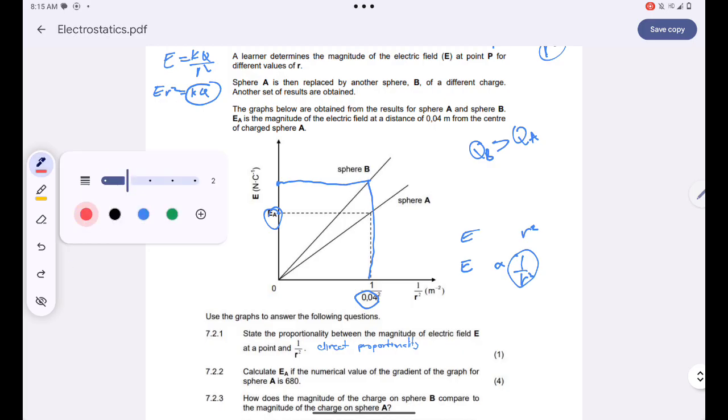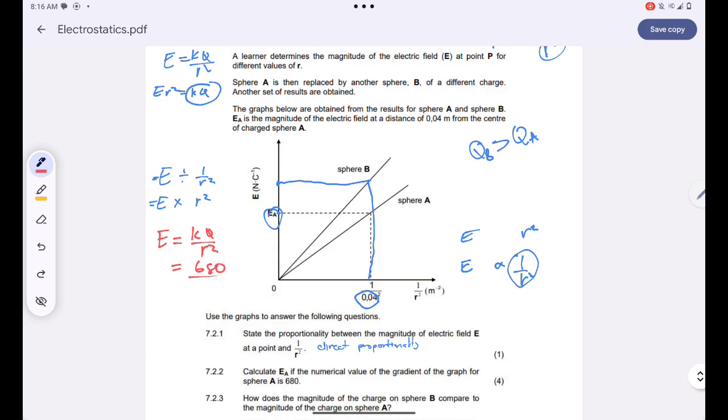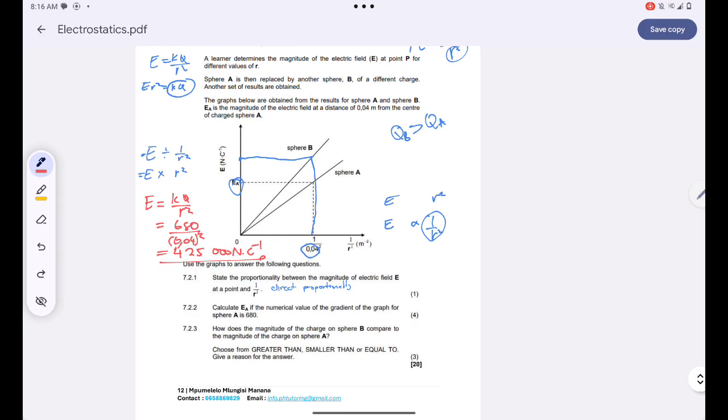So what we'll basically do is to say electric field is KQ over R squared, that's 680 divided by 0.04 squared. And then our answer will simply be 680 divided by 0.04 squared. You'll simply get 425,000 newtons per coulomb.